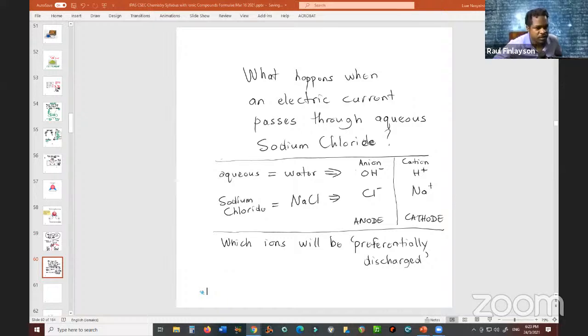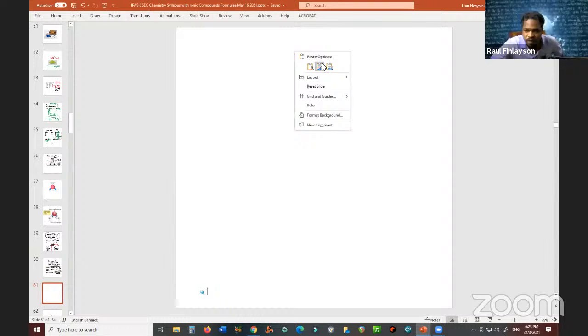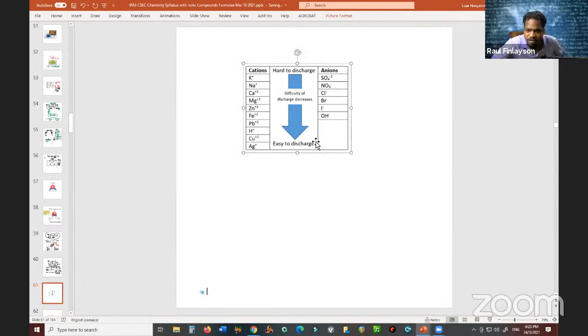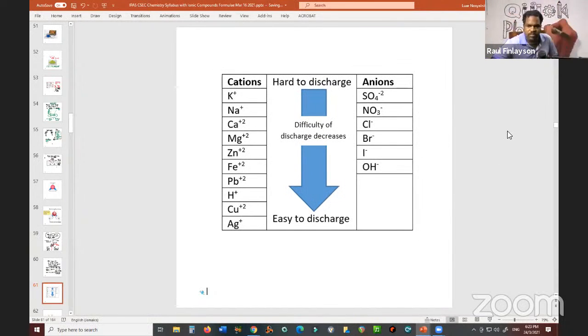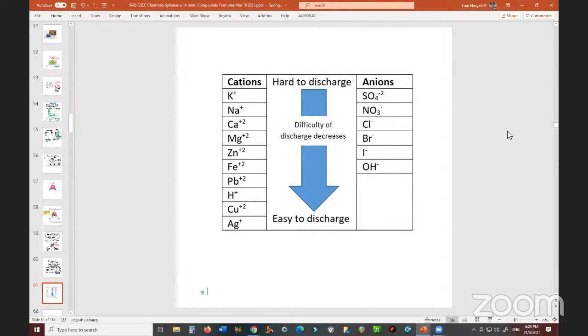And there's actually a list for that, and I want to give you the most appropriate list here. And here we go, guys. I like this one. It's simple and easy to understand. Preferentially discharge. Hope everybody can see this one.